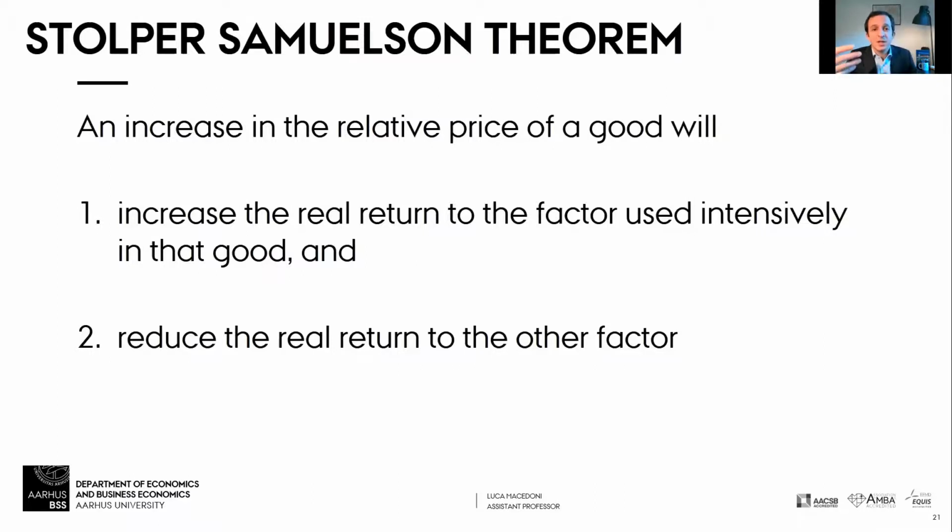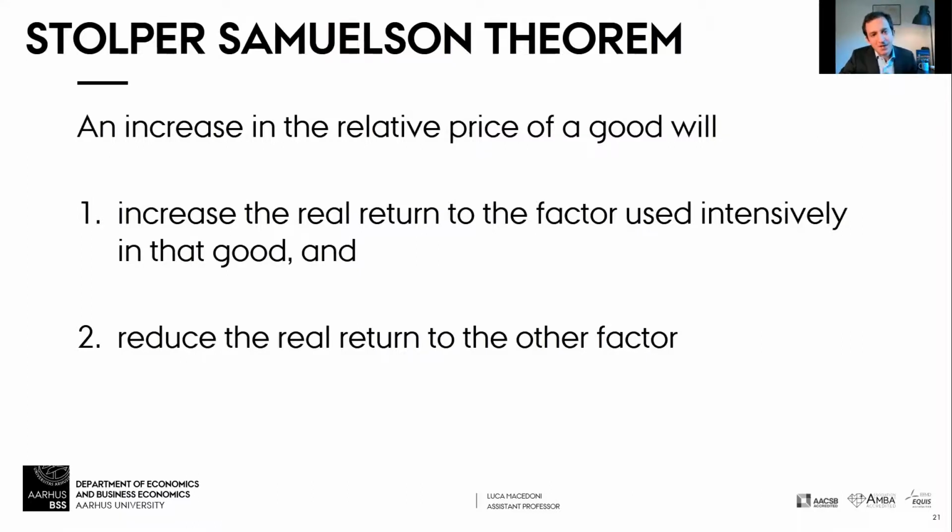Okay, so you can think that the best friend of labor is the labor intensive good, so that if the labor intensive good becomes more expensive, workers are better off because they can purchase more of the labor intensive good and of the capital intensive good.